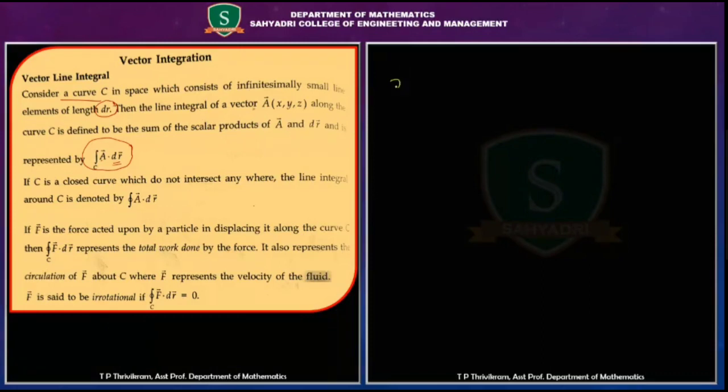As we are taking, usually r vector is nothing but xi plus yj plus zk.